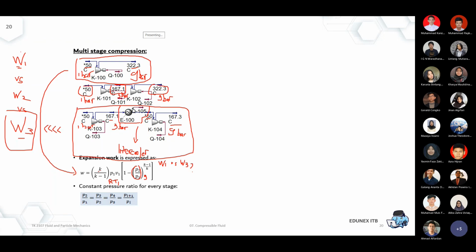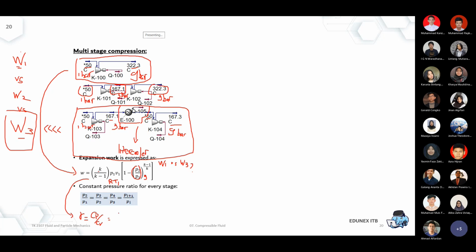Gamma is Cp per Cv. Different? Why? Because it has temperature dependence? If you remember that gamma is Cp per Cv, let's say that we use air, atmospheric air, as an example.